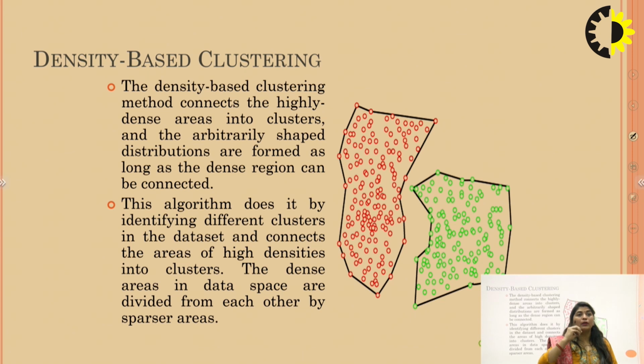According to similar properties, we count the density of the region, how closely these are linked, and we divide all these clusters into a single group. The outer regions are called the outer boundary of the data set in density-based clustering. So this algorithm identifies different clusters in the dataset and connects the areas of high densities into clusters.